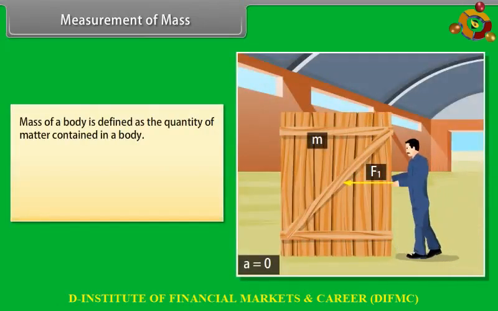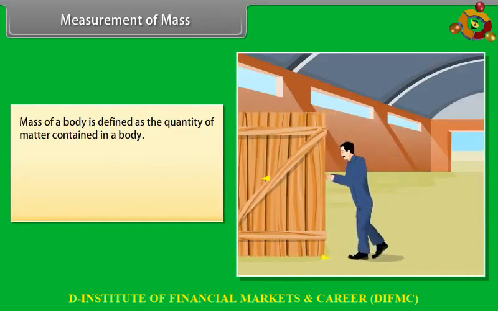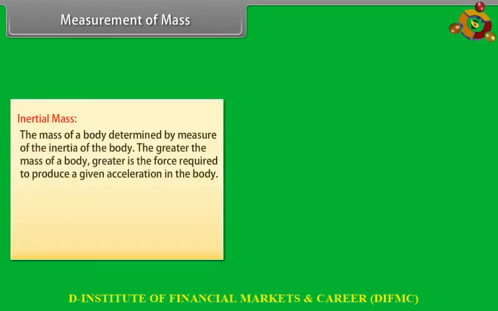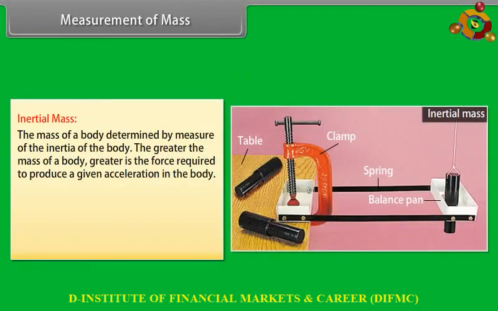Measurement of mass. Mass of a body is defined as the quantity of matter contained in a body. There are 2 important physical quantities related to the mass of a body. These quantities are inertial mass and gravitational mass. Inertial mass: the mass of the body is determined by the measure of the inertia of the body.